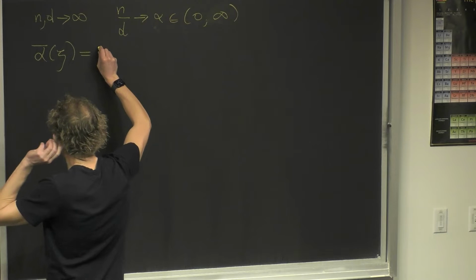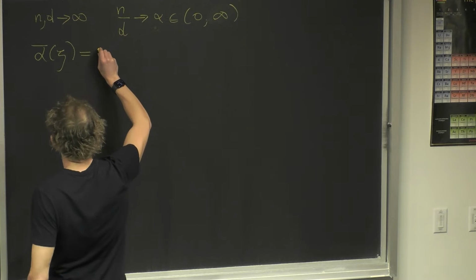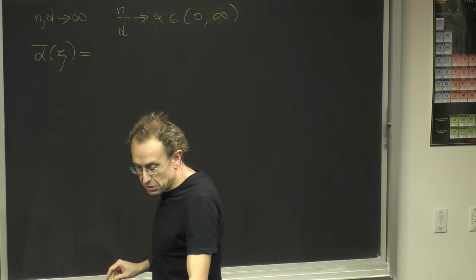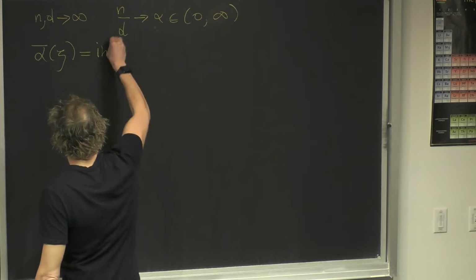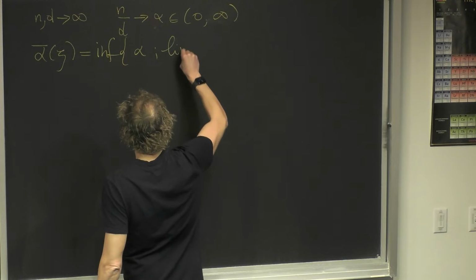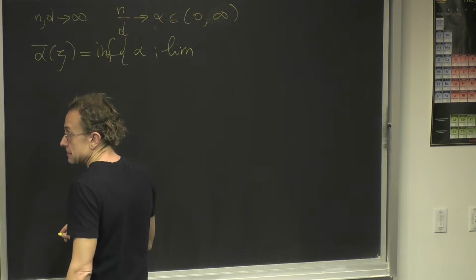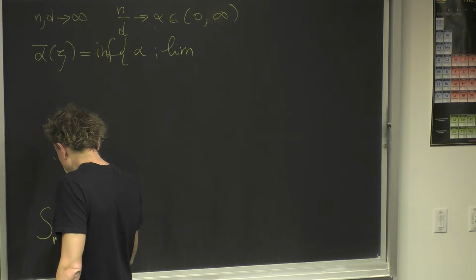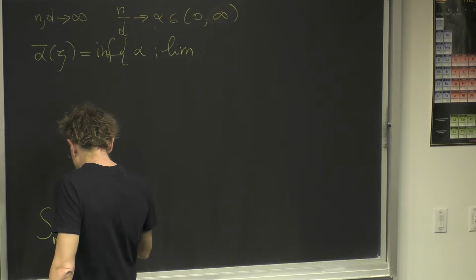Unfortunately, we cannot prove this conjecture, so this is the first open question. So I define an upper threshold, so let's say the inf of alpha such that, so let me define the set of solutions as S(n, d, epsilon).